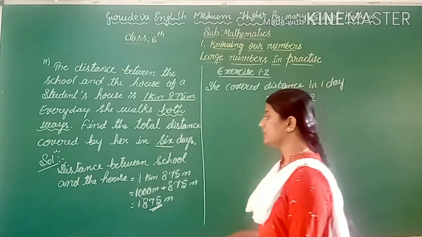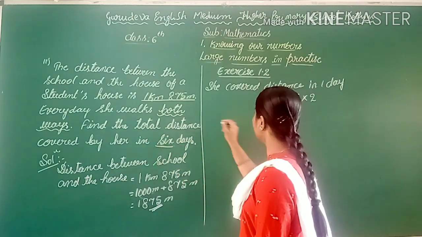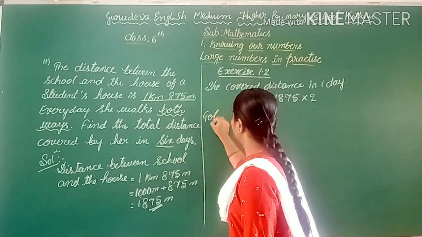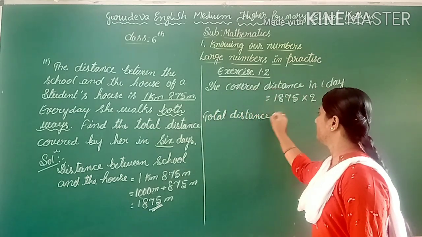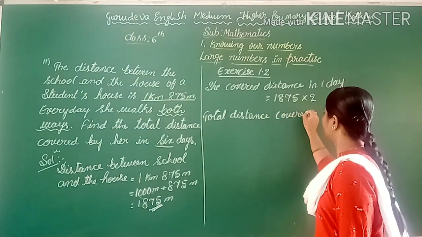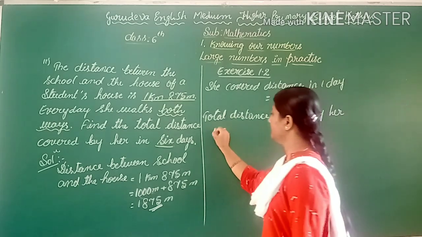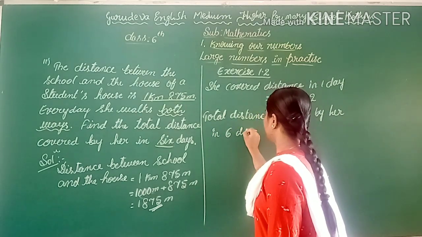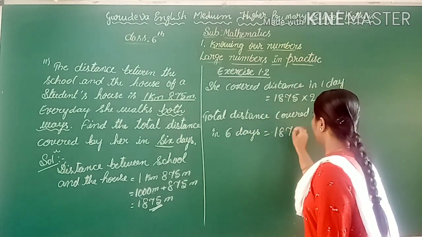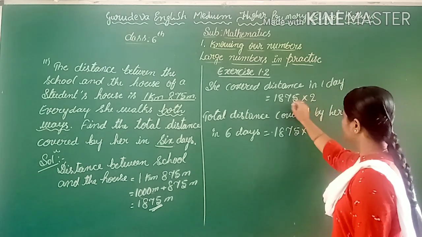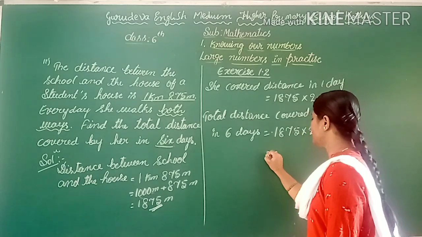Then next, the total distance covered by her in 6 days is equals to 1875 into 2. Write it as it is. It is for 1 day. Then for the 6 days we have to multiply by 6.